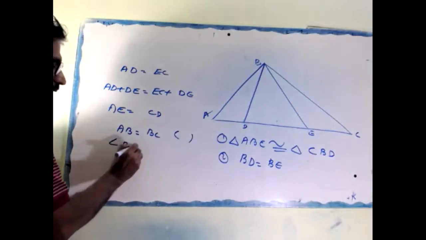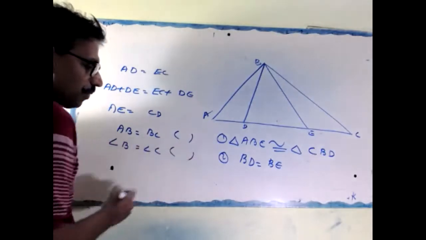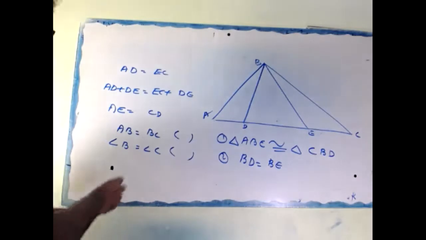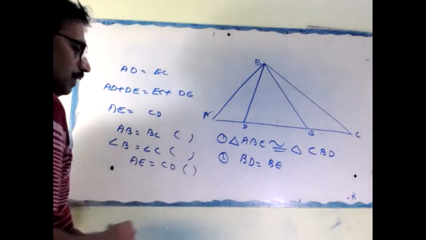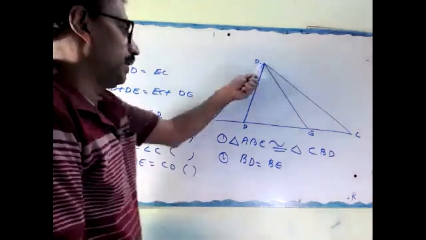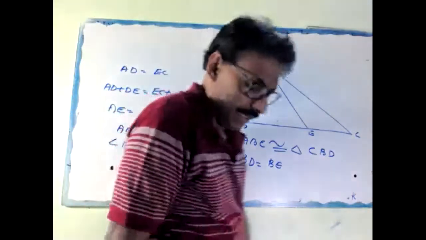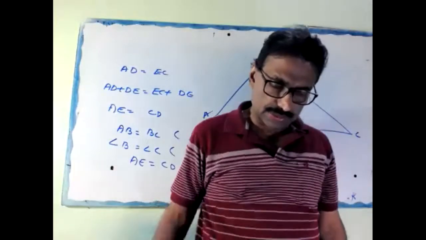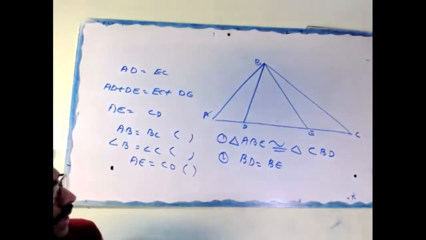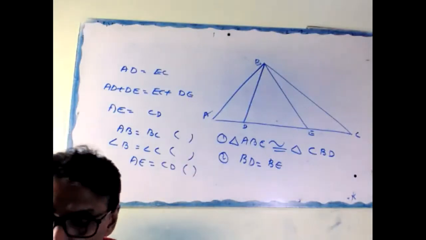Angle A equal to angle C, angles opposite equal sides are equal. AE equal to CD, proved. Therefore, triangle ABE congruent to CBD, SAS congruency. Hence BD equal to BE, CPCT.